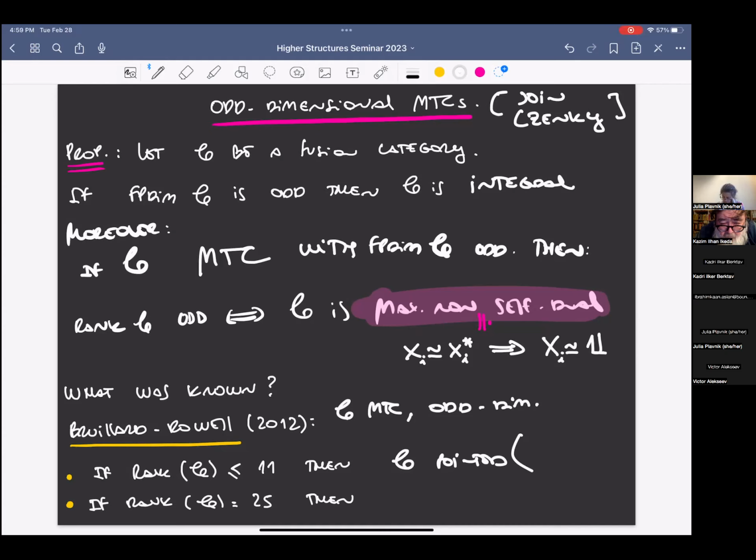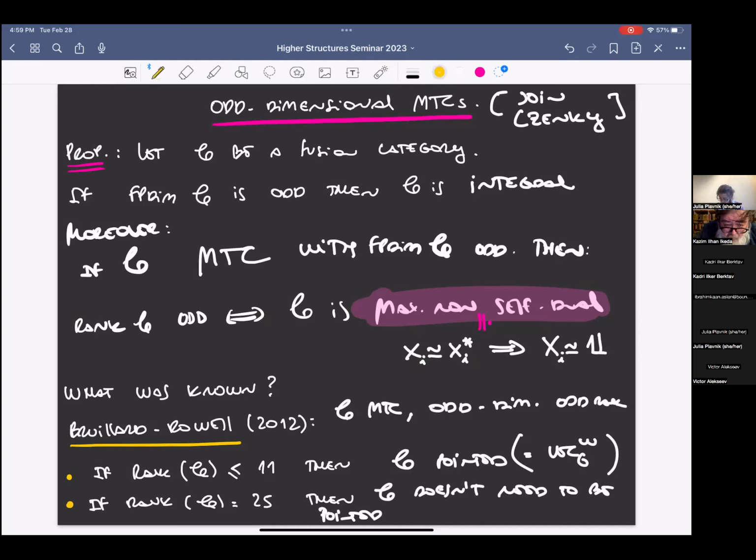If you remember, pointed means that it's Vec_G^omega. The other thing that they show is that for rank 25, C doesn't need to be pointed. It could be pointed, but they are not all pointed.